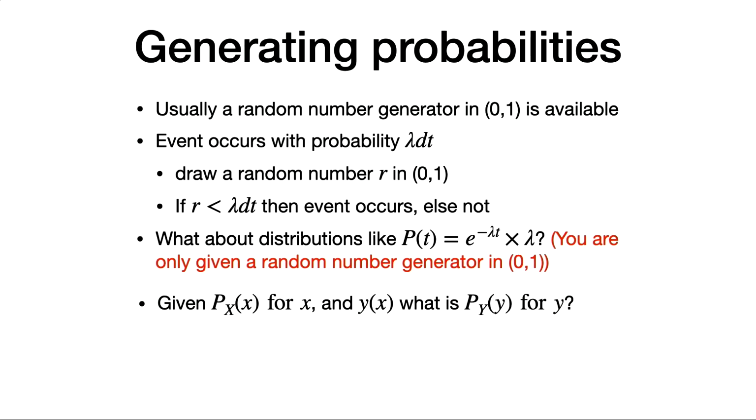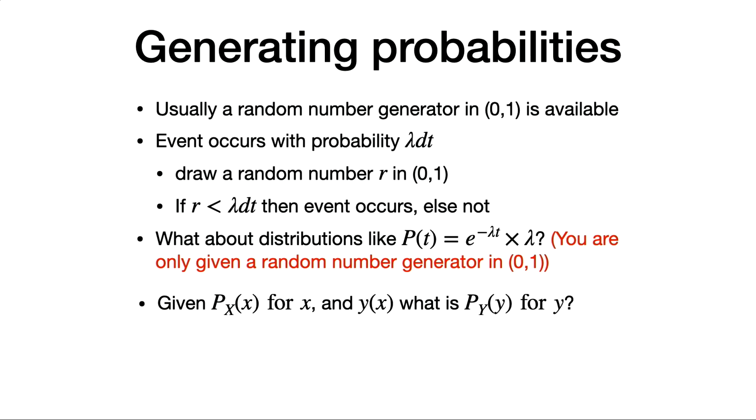Now we want to generate random numbers. First, how do you do probabilities on a computer? If I say something occurs with probability 0.2, you generate a random number between 0 and 1, and if it is less than 0.2, you say the event occurs, and if greater than 0.2, the event doesn't occur.